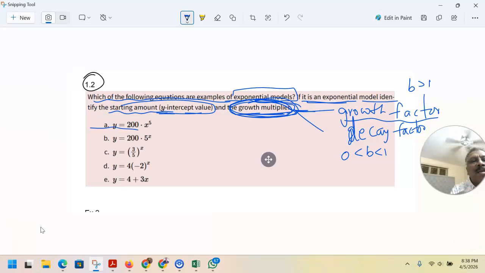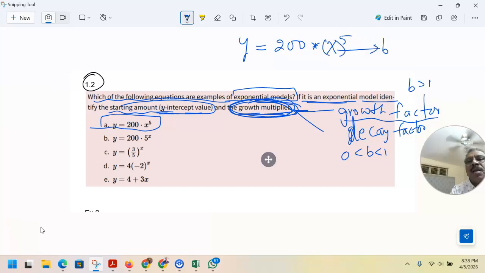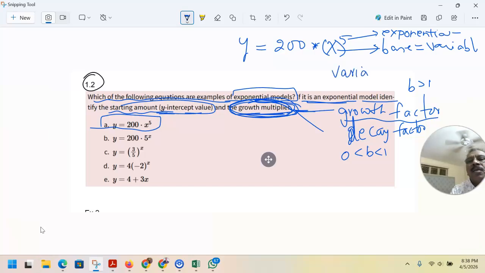Let's take an example. This piece, if you see, y is 200 times. Now here the variable is down. Look at this. The bottom part is the base, and this is the variable, and this exponential part is a number. So this is like a variable raised to a number, so this is not exponential. This is a polynomial or power function.